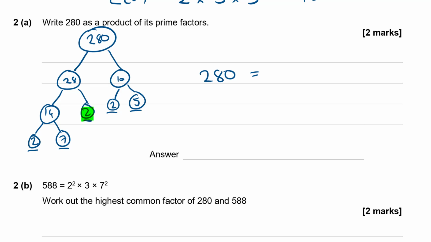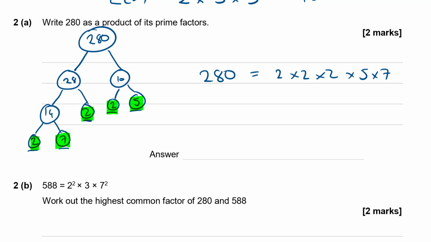So I've got a 2, a 2, and a 2, so 3 2s: 2 times 2 times 2, and then I've got a 5 and a 7, times 5 times 7. You might want to multiply that out in your head just to make sure you do get back up to 280.